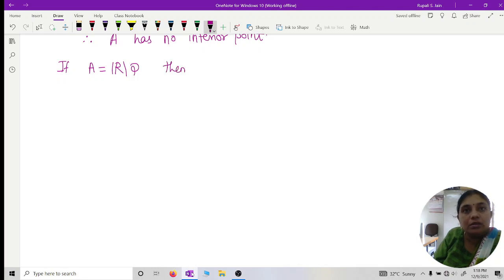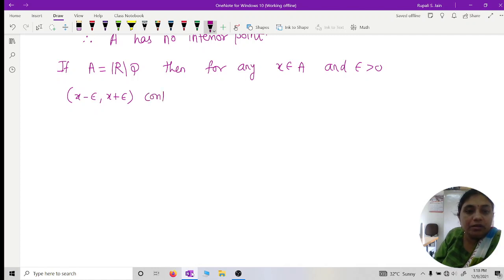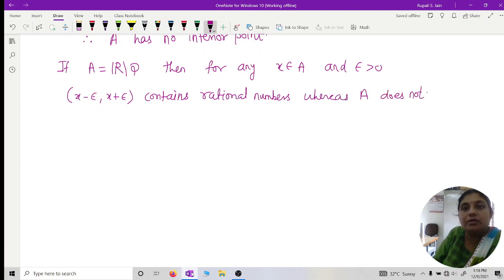Then for any x in A and epsilon greater than 0, (x minus epsilon, x plus epsilon) contains rational numbers, whereas A does not. Therefore, the interior of A must be the empty set. Okay.